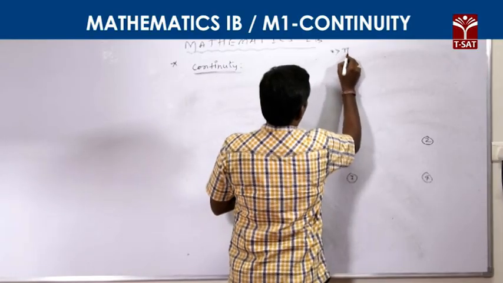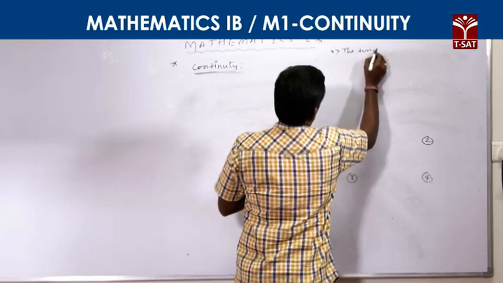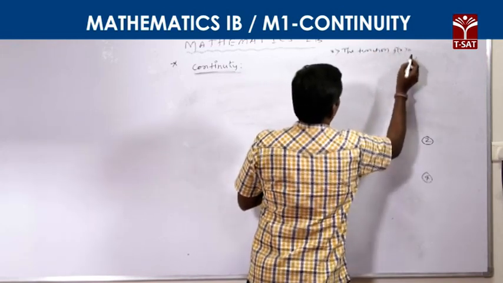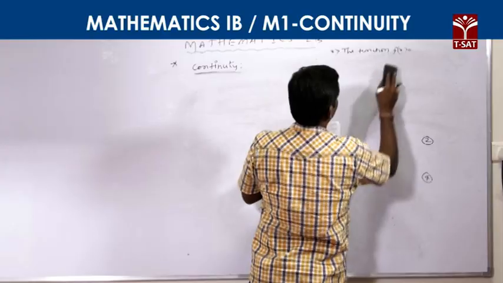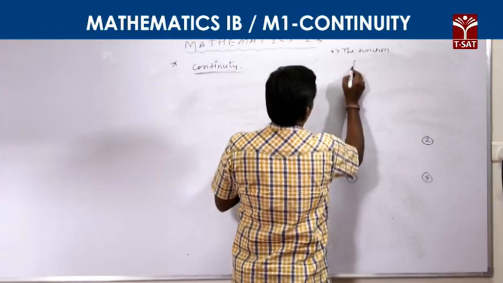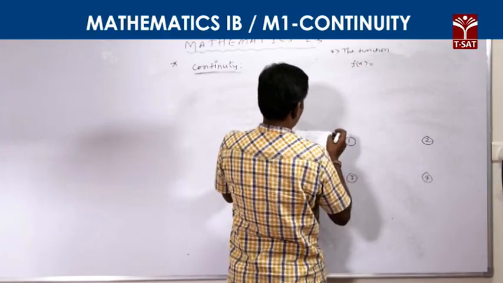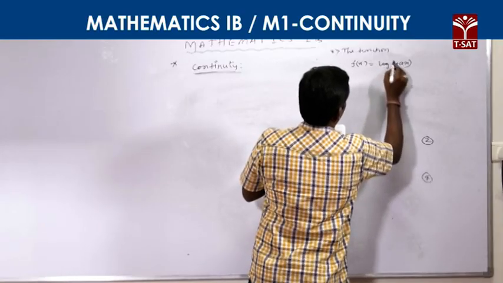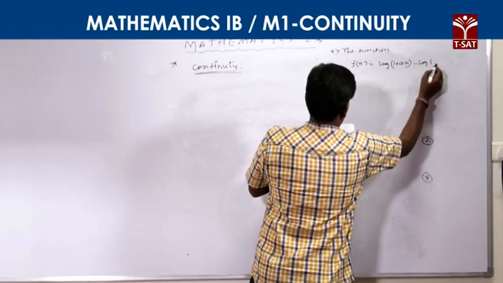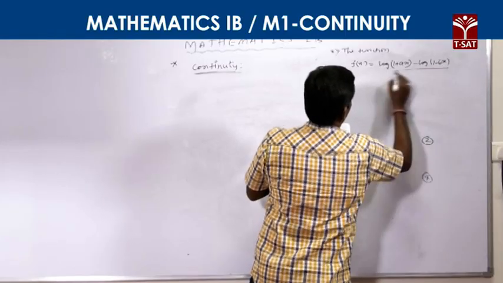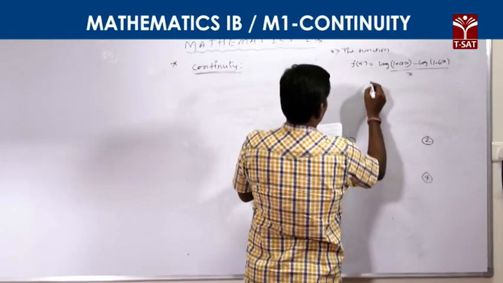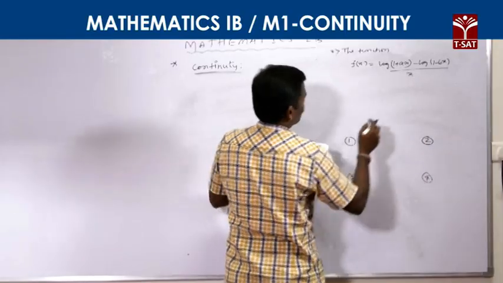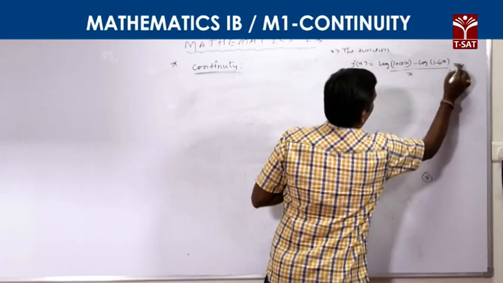The function f of x is equal to log of 1 plus ax minus log of 1 minus bx, by x, for x not equal to 0.